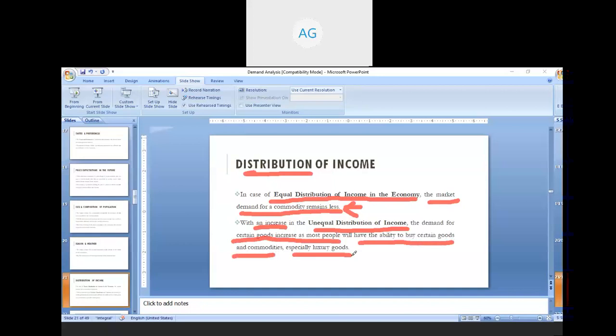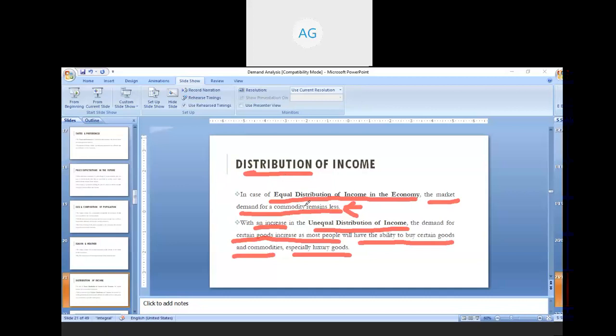With unequal distribution of income, the individuals who get higher income are able to purchase the luxurious items, and the lower income group does not purchase those items. So the determinant of demand also depends on the distribution of income in the society, or in the country.